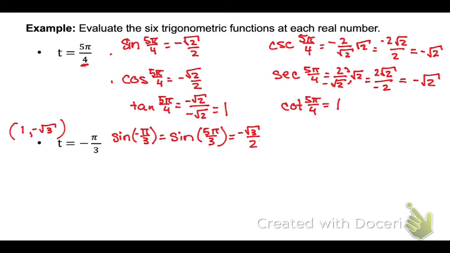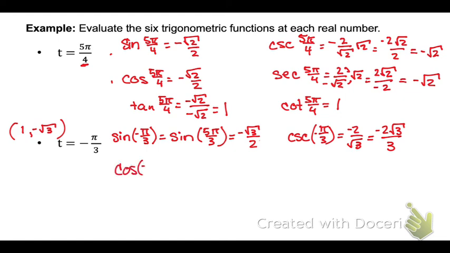And then we've got cosecant of negative pi over 3, but it's the same as 5 pi over 3. That's going to be negative 2 over the square root of 3, but when we rationalize it, negative 2 square root of 3 over 3.